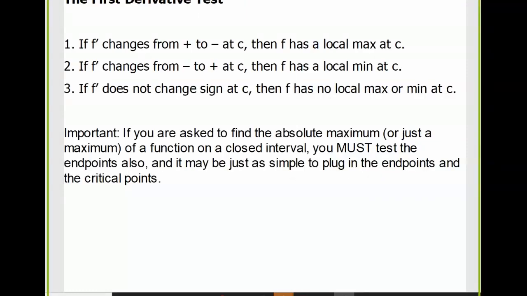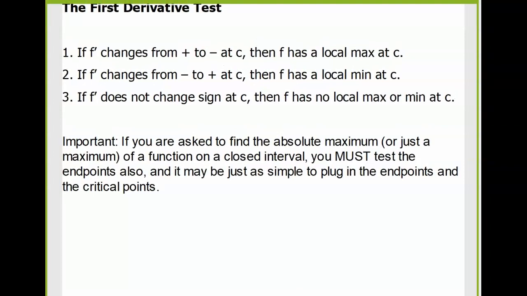So all of that information leads to what we call the first derivative test. So the first derivative test says if f prime changes from positive to negative at x equals c, then f has a local max at x equals c.